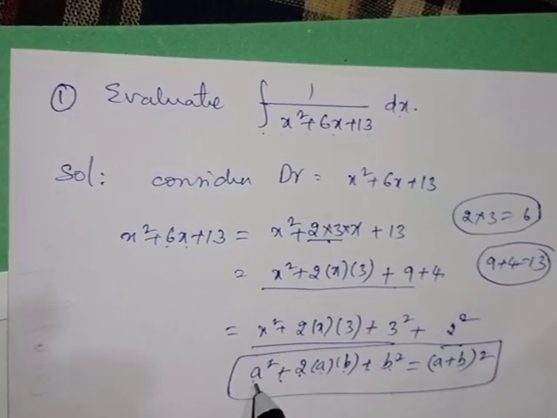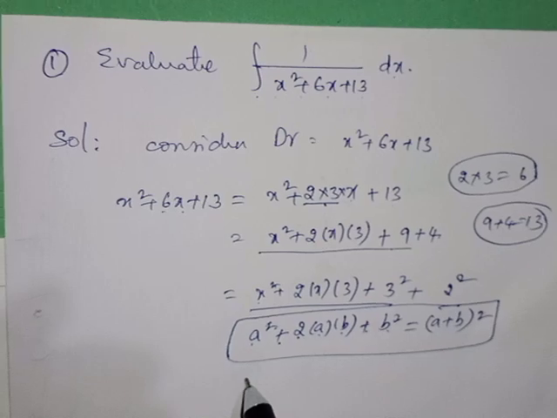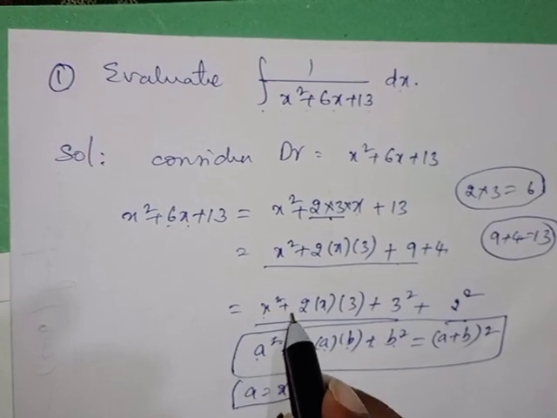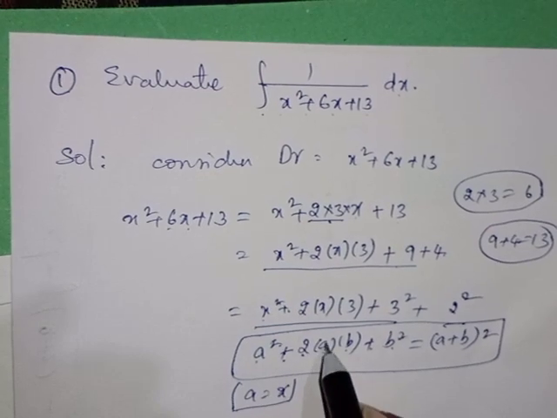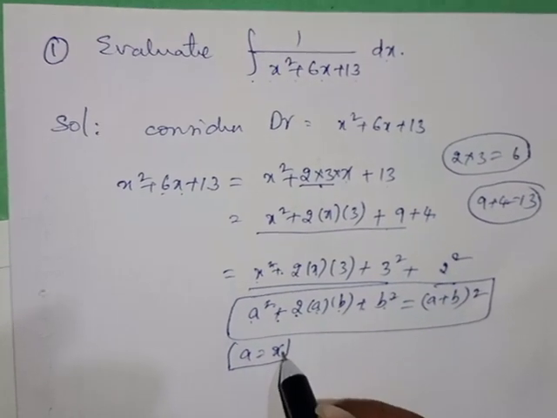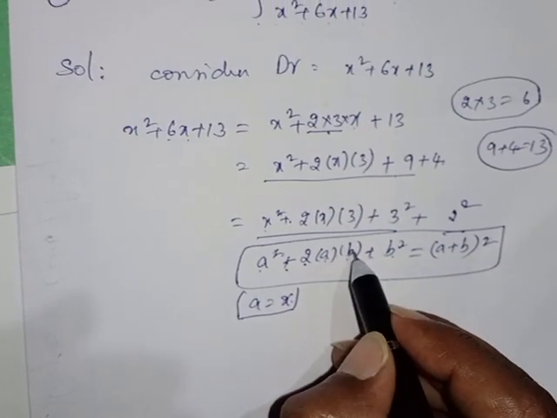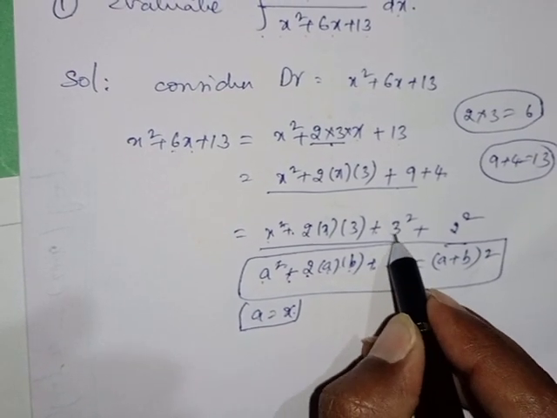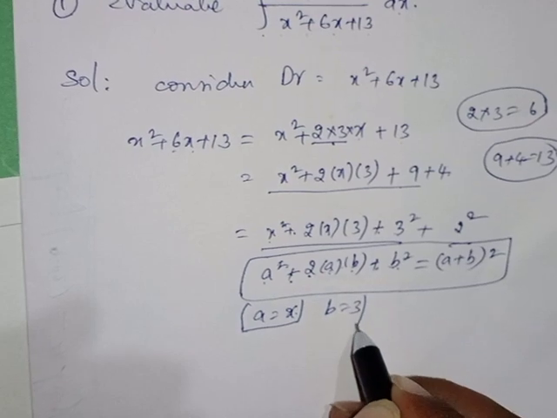If we compare these, a square here is x square, so a is equal to x. Next, plus 2 a b, here a is x, into b, here is 3, and b square is 3 square, so b is equal to 3.